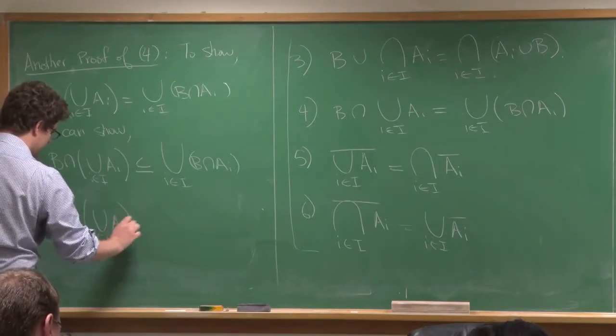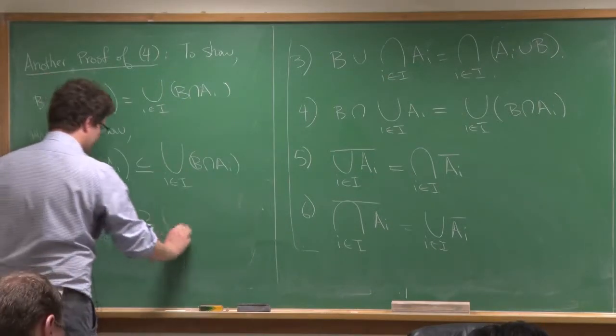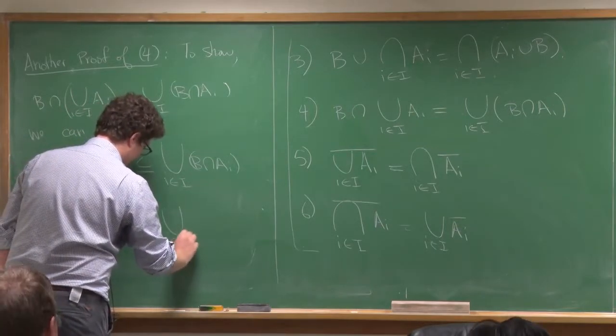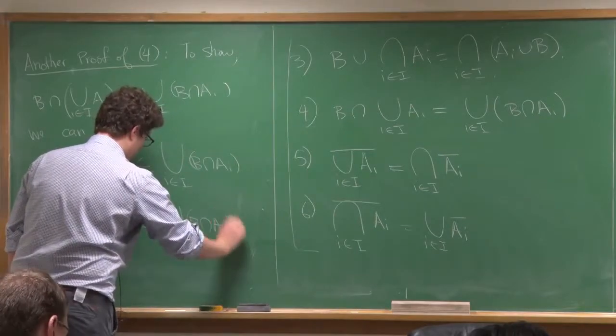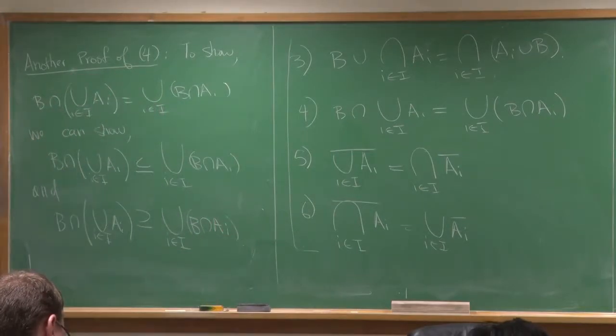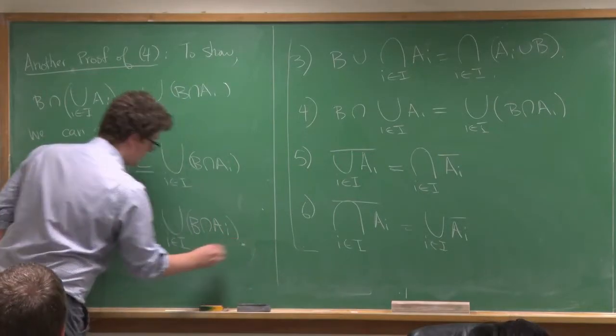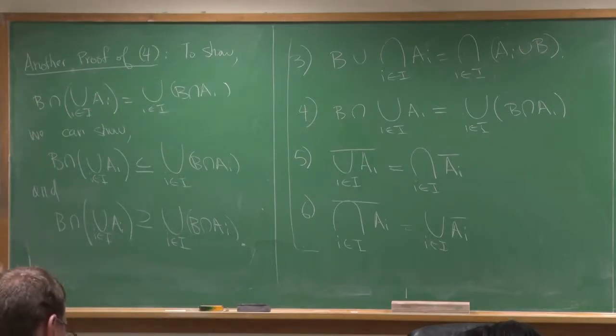This is the go-to when you try to prove two sets are equal: you show that they're both subsets of each other. So the way to set up the proof is to set up the proof for this inclusion, and then the proof for the other inclusion.